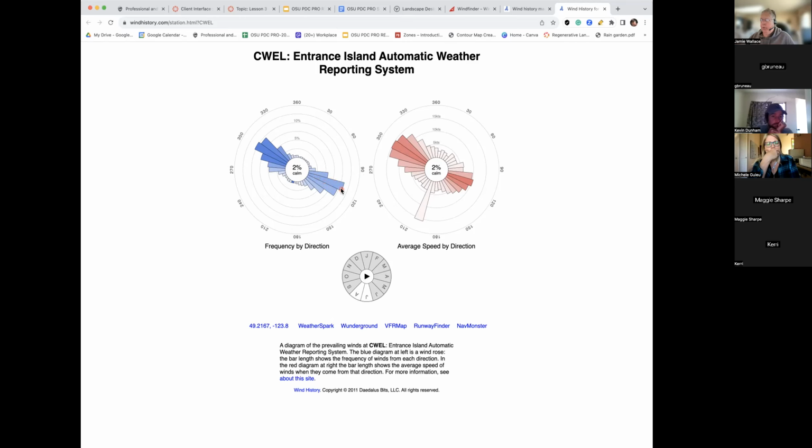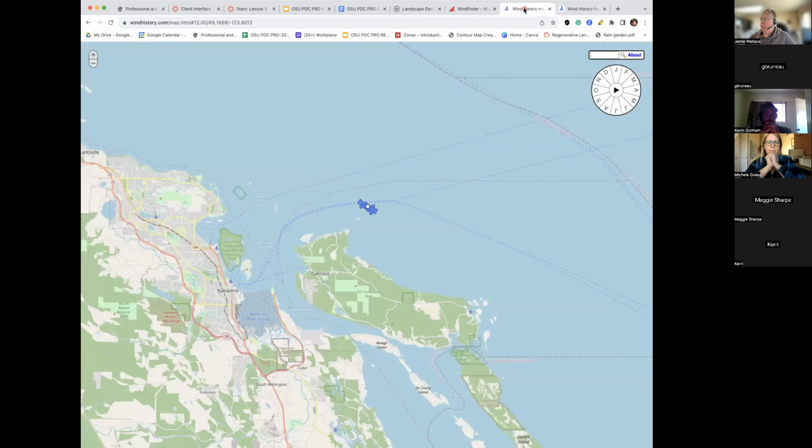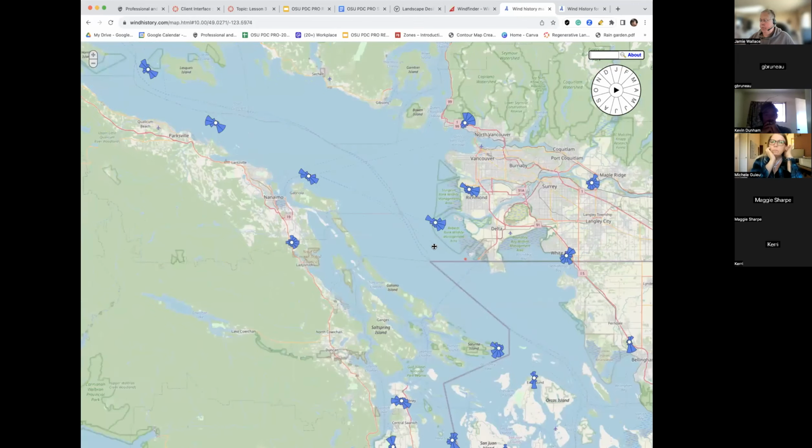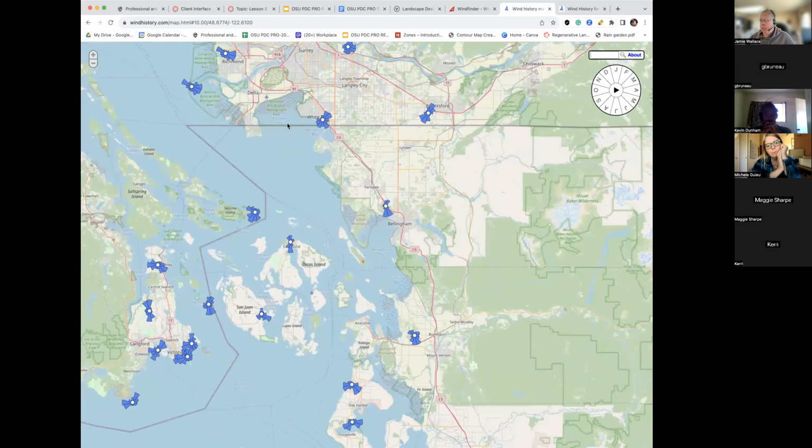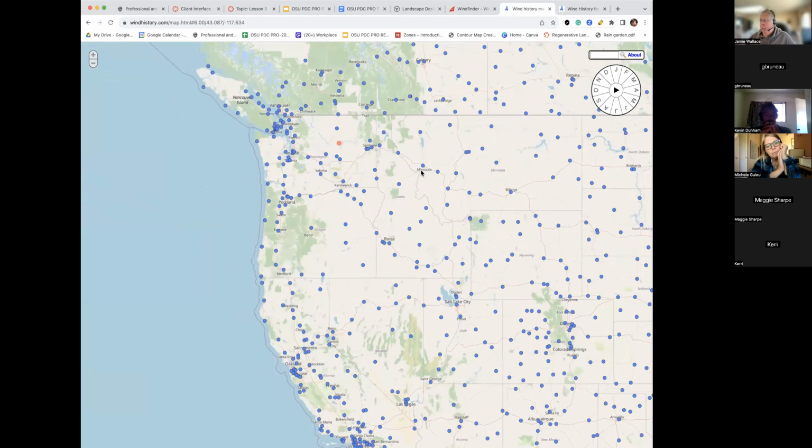So you can see where the prevailing winds are coming from and the percentage of it. And that's fairly extensive. There seems to be an awful lot of data they're pulling.